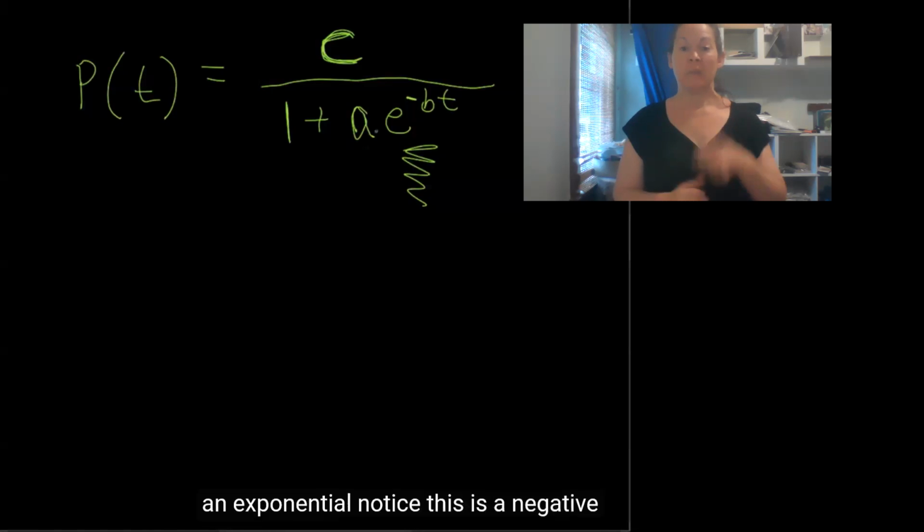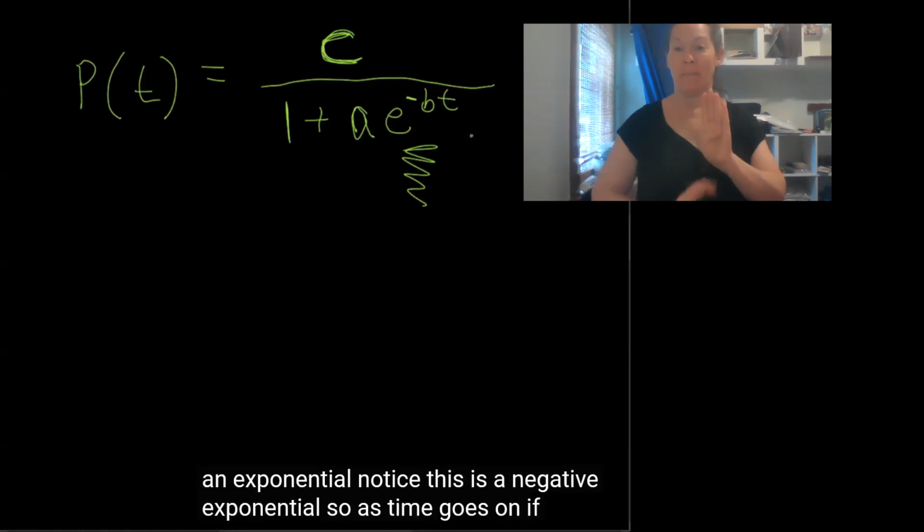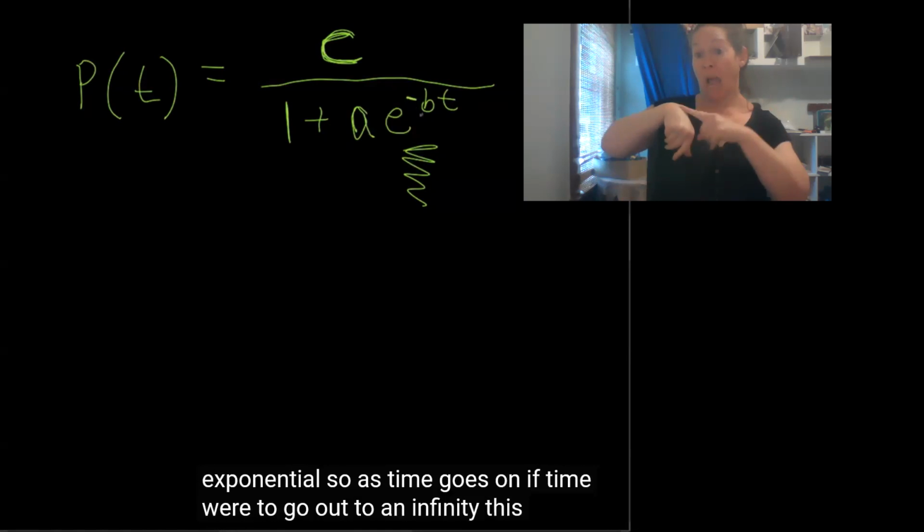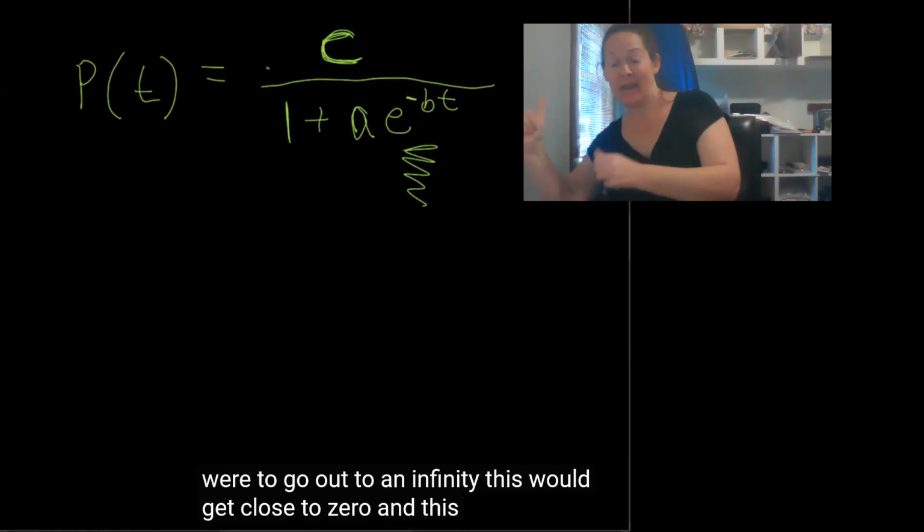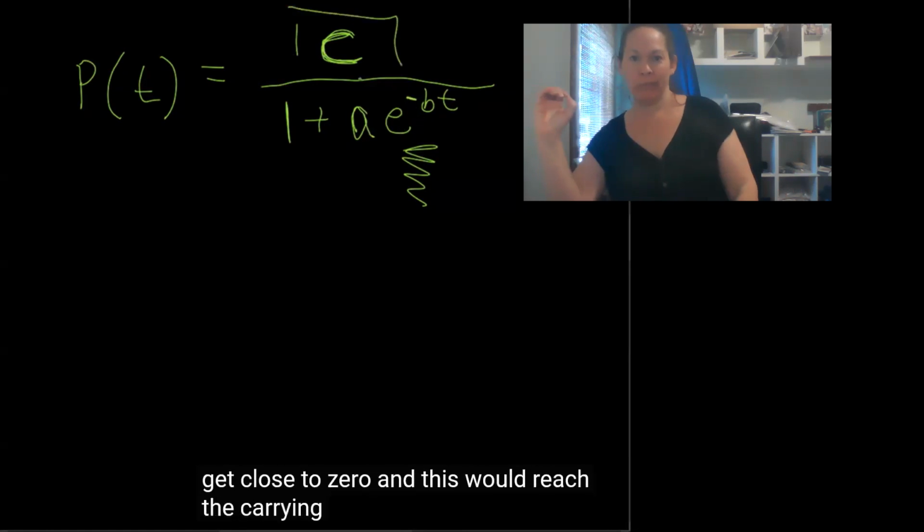Notice this is a negative exponential, so as time goes on, if time were to go out to infinity, this would get close to 0, and this would reach the carrying capacity.